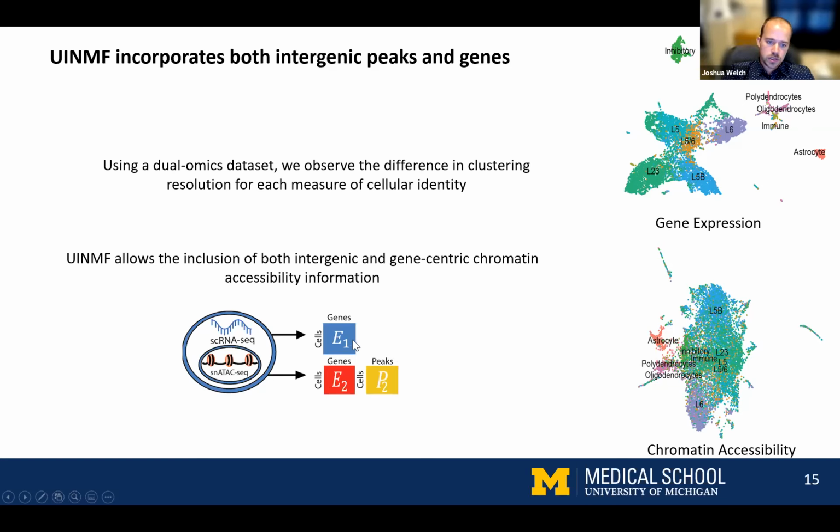For the gene expression data, we have a cells by genes matrix. We also have a cells by genes matrix for the ATAC-seq data, where we calculate a pseudo expression value using the chromatin accessibility of each gene. And then we also have a matrix of intergenic peaks, which are selected to not overlap the gene body of any of the genes in the red matrix.